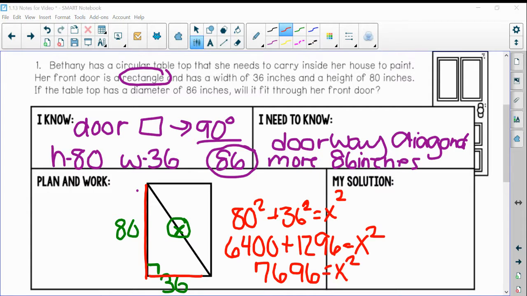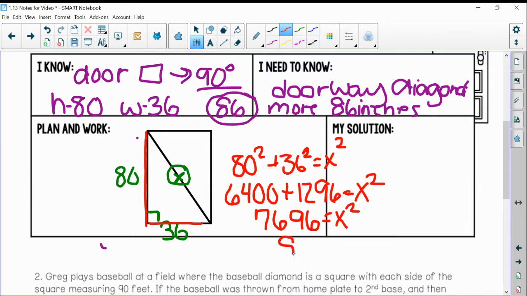But we want to know, if I turn that table, is it going to fit in the door? So I need to know what the square root of that is. So I'm going to get 87.7. So what that says is that if she turns her table and her table is only 86 inches, but her diagonal is 87.7, we have plenty of room with a little bit of buffer to get that table in, because the diagonal of that doorway is 87.7 inches.